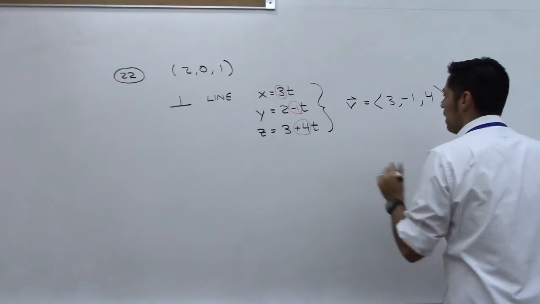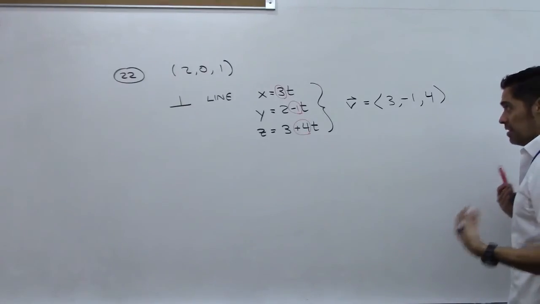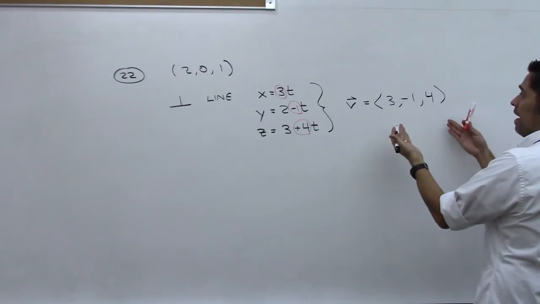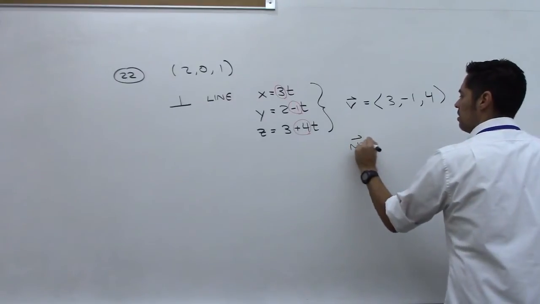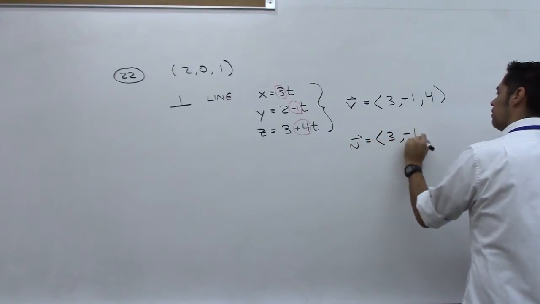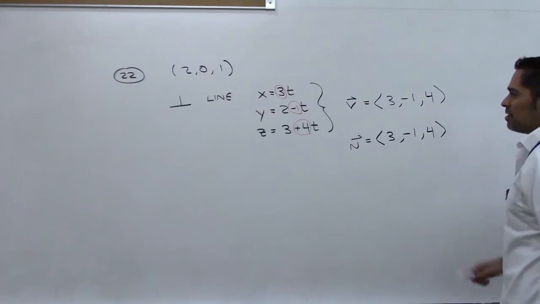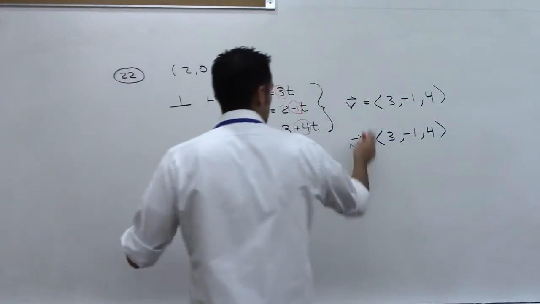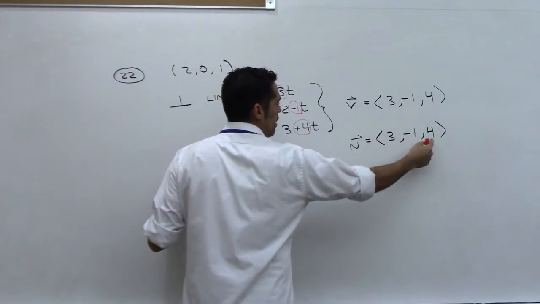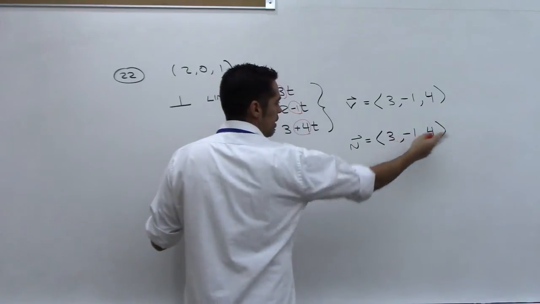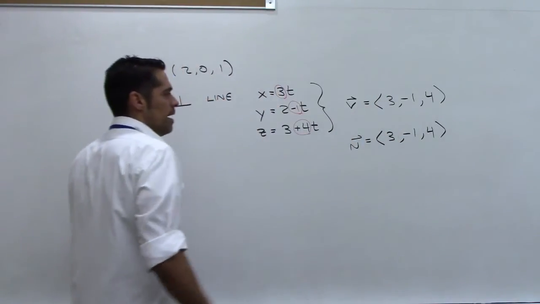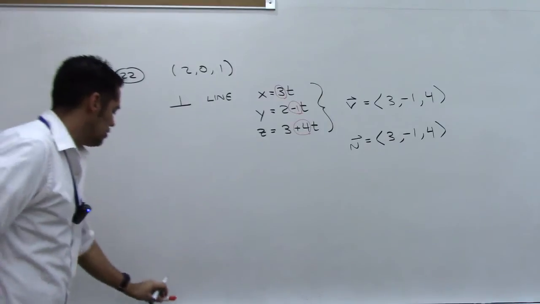And then, because my normal needs to be pointed in the same direction as that, I can just let the normal be that same vector. Of course, that'll point in the same direction. Now, you could double it, you could say 6, -2, 8. You could be crazy and divide by 2. You could scale it. It doesn't matter, as long as it's pointed in the same direction.